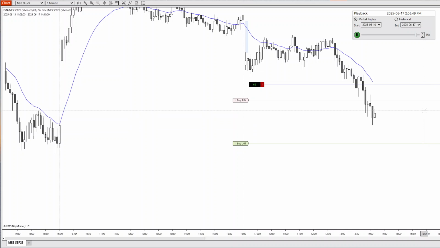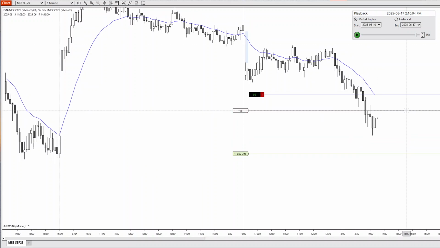Is that a good looking bull bar? It's turning out to be. Okay, we still got 2 more minutes. Yeah, it's a good looking bull bar. One tick up of it. Done for the day. Stop filled.